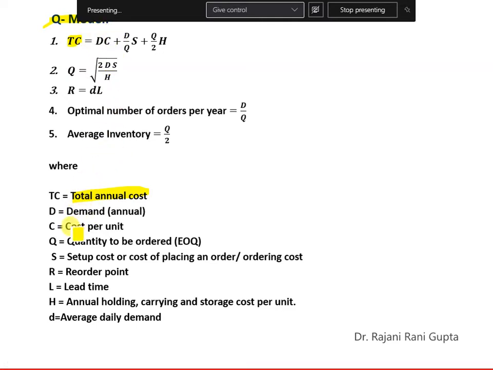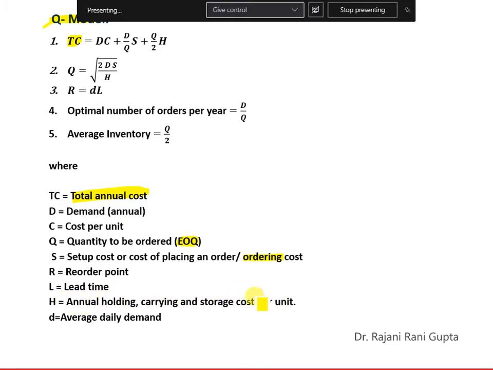C stands for cost per unit. Q stands for the quantity to be ordered, or economic order quantity, the optimal quantity. S stands for setup cost, the cost of placing the order, also known as the ordering cost. R stands for reorder point. L stands for lead time. H stands for annual holding, carrying or storage cost.